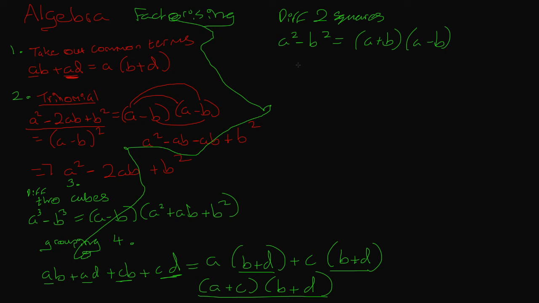So now we'd have the sum of two cubes, which would be the opposite of the difference of two cubes. So it would be a cubed plus b cubed, and this would be equal to (a plus b)(a squared minus ab plus b squared).